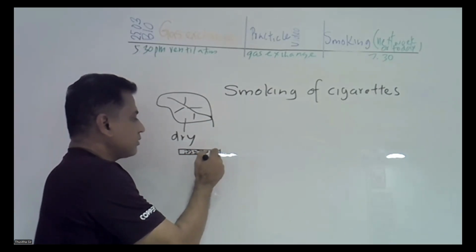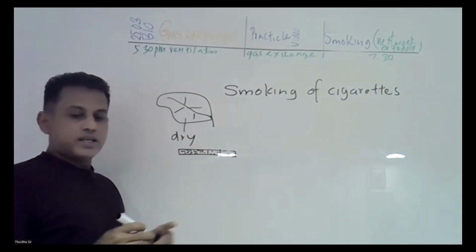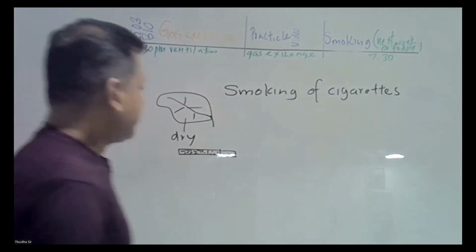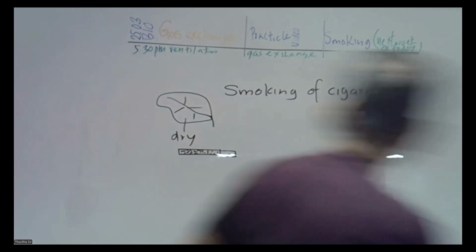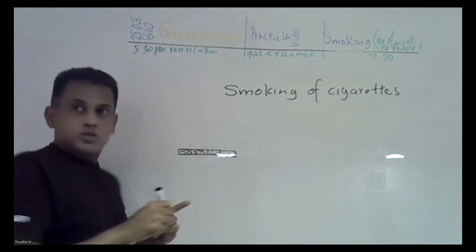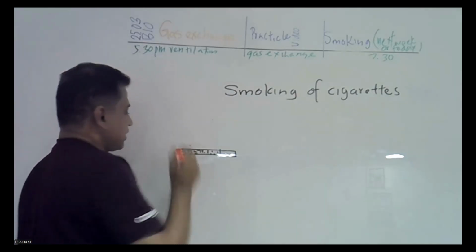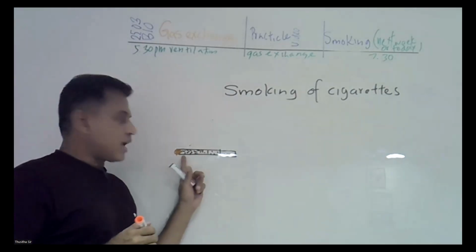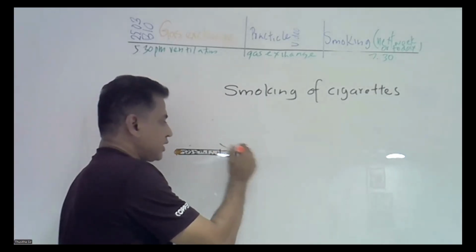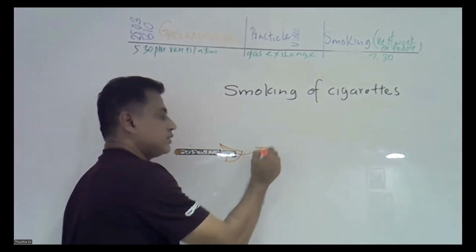and there is a filter attached to the end. So this is the cigarette, and how it works is, when the person burns this end, and inhales from the other end, they keep this in the mouth and inhale in this direction.